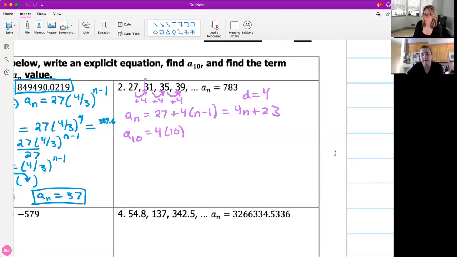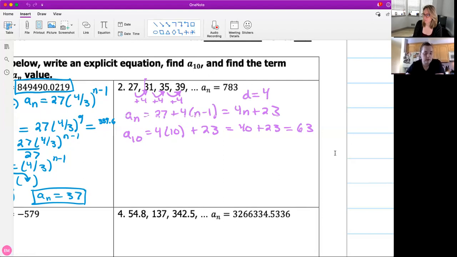You don't have to simplify, I don't really care, but that's the simplified one if you want it. So 4 times 10 plus 23 is equal to 40 plus 23, which is equal to 63. So our a10 is 63.